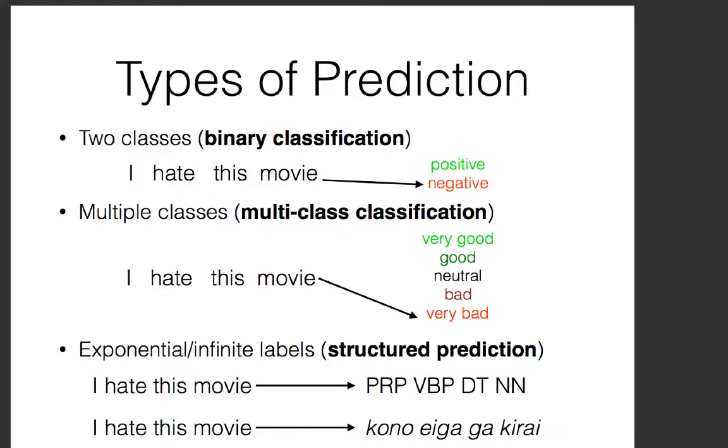So for the second one, how many possible answers do we have? Infinite, yeah, exactly. Because we could generate an infinitely long sentence if we really wanted to. So in reality, we don't do that because that crashes our programs when we try to do that. But theoretically, it could be infinite.